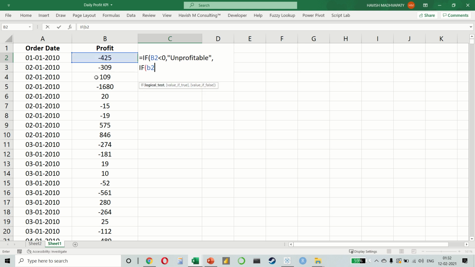If the value is less than 2001, it is profitable. Otherwise, it is highly profitable.